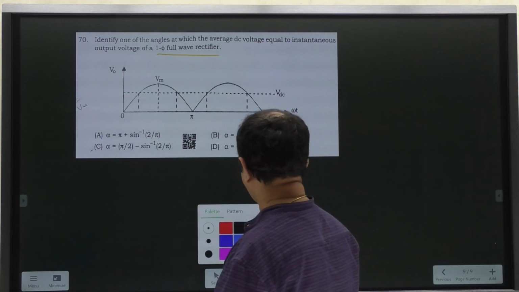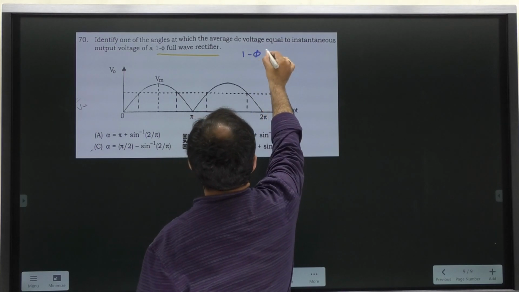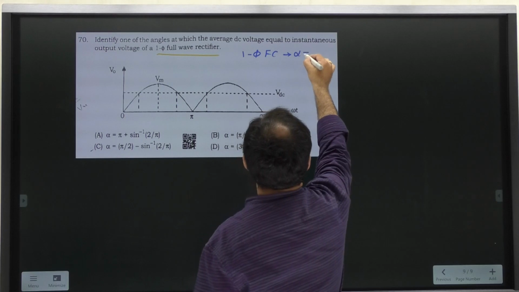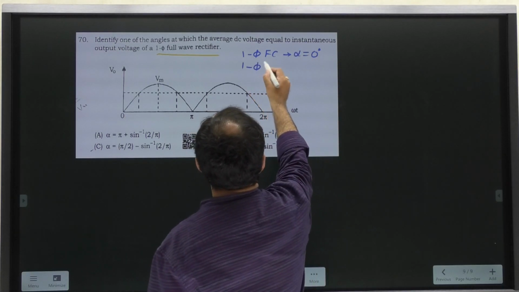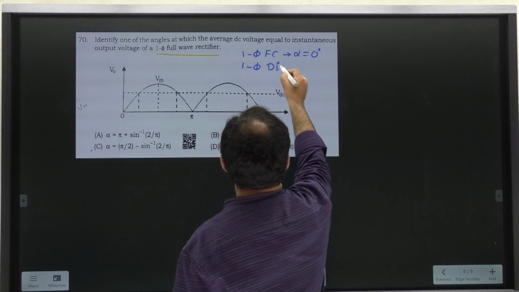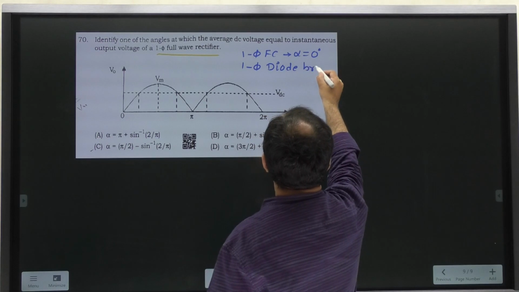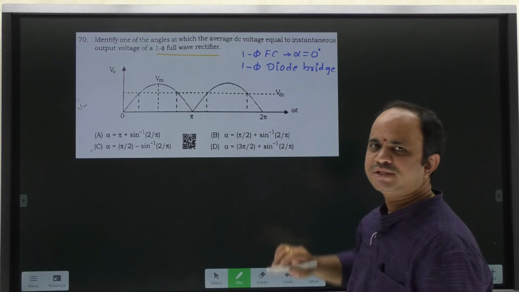One possibility will be single phase full converter with alpha equal to 0 degree, or single phase diode bridge. So whatever explanation I am going to give is applicable for both of these circuits.